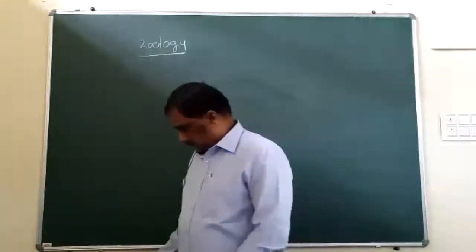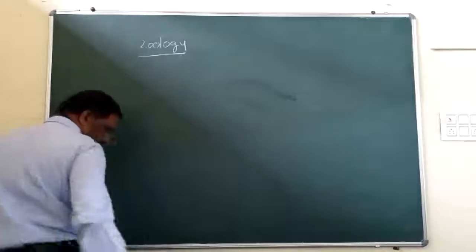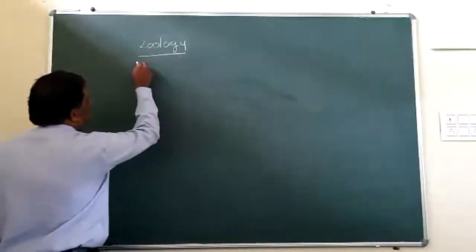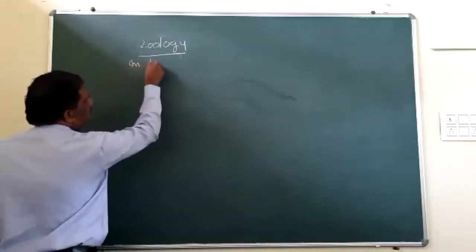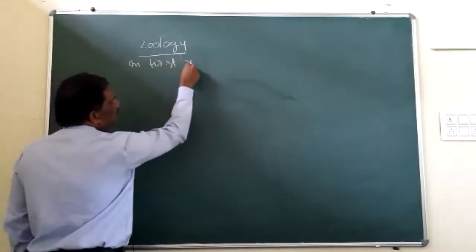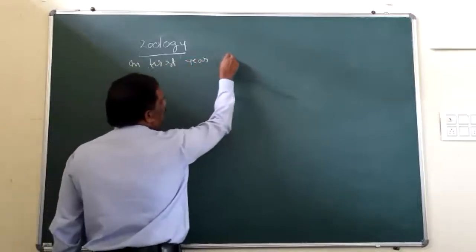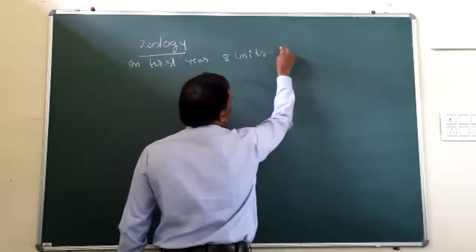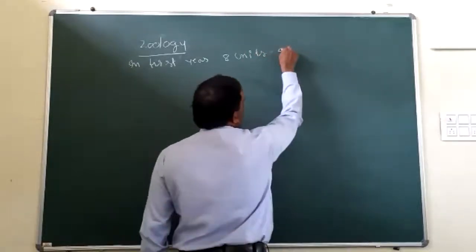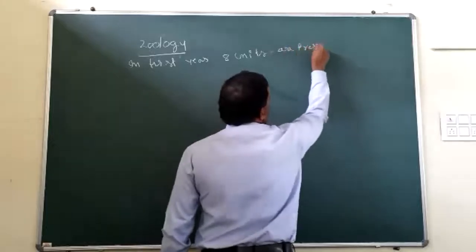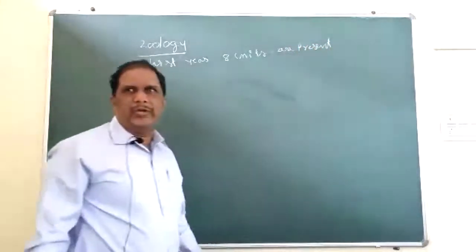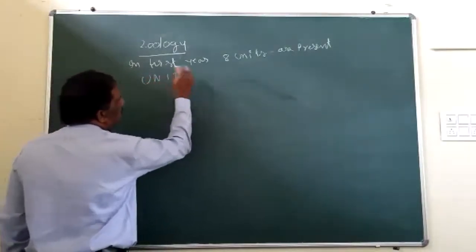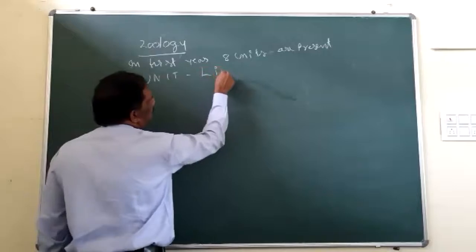So in zoology, there are 8 units present in the first year. What are those units?